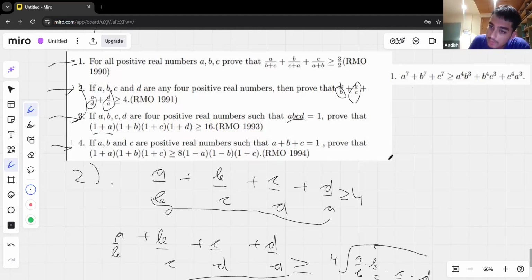You're only using AM-GM on A, B, C, D, and that will not work. Yeah, I don't think what you have said works. You can write it up properly and send me, but I don't think that works.